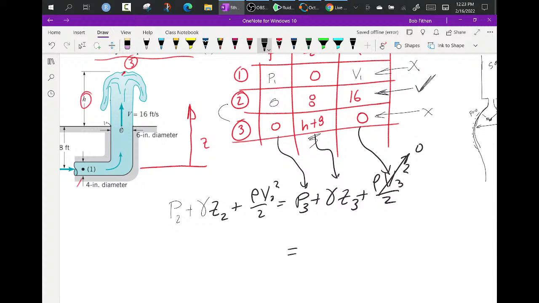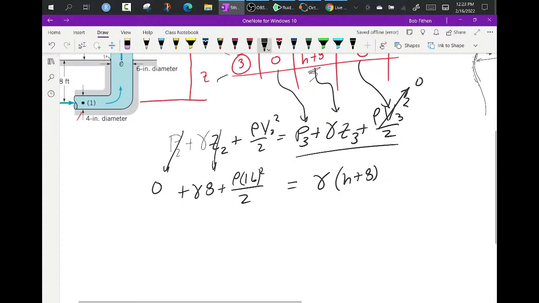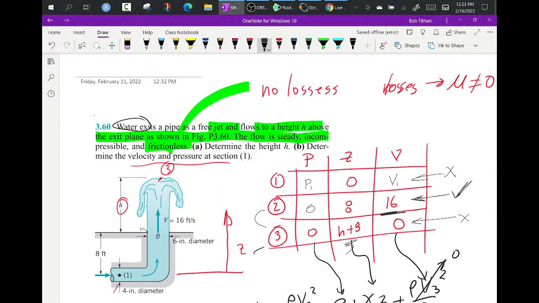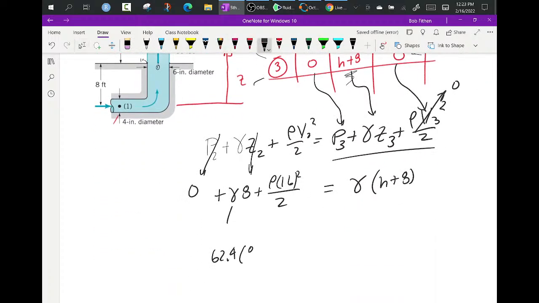So what I get on the right hand side is gamma times 8 plus 8. That's from row 3 here. From row 2, I get this being 0, I get this being 8. Gamma times 8, and then I get 16 for the velocity, rho 16 squared over 2. Now, I get 62.4 because it is water, times 8 feet.